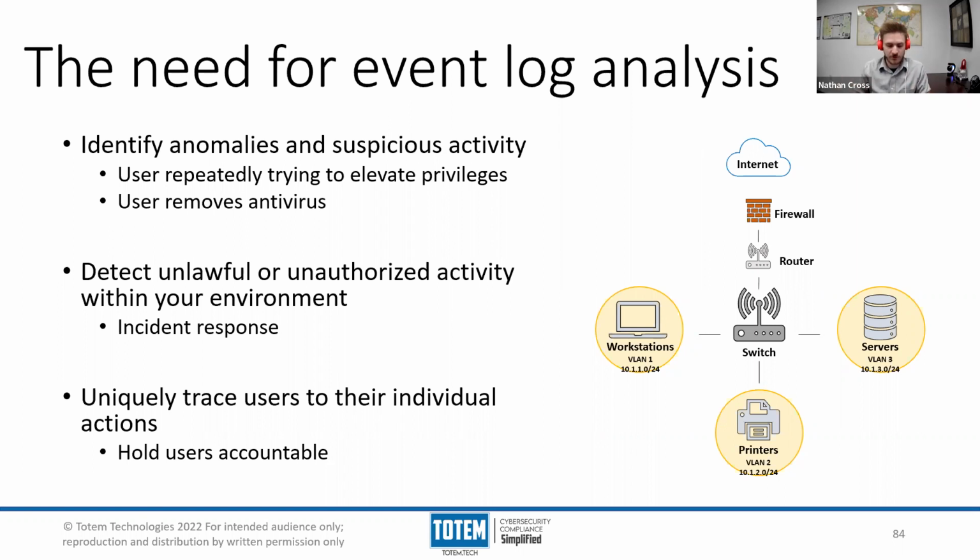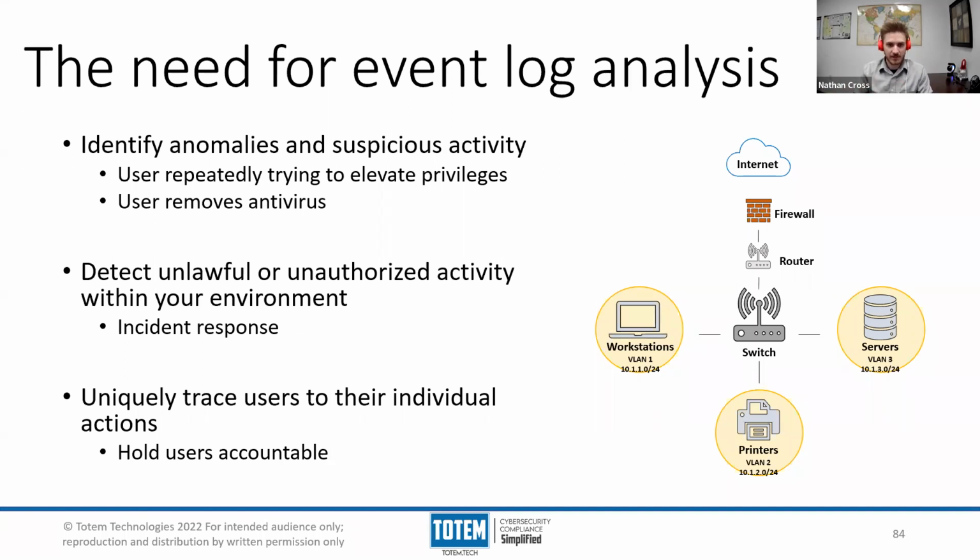All of our users are operating with a standard local user account, and our IT staff is utilizing user account control to perform their administrative tasks, just like we discussed with restricted administrative privileges.